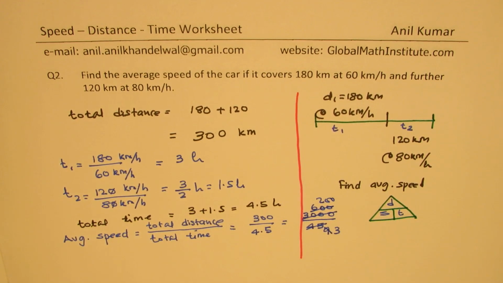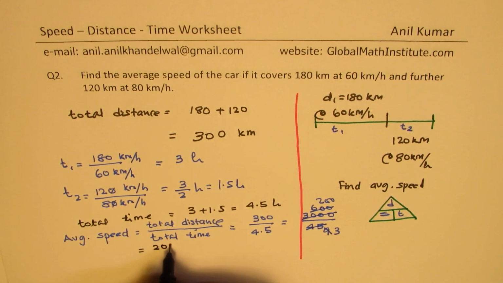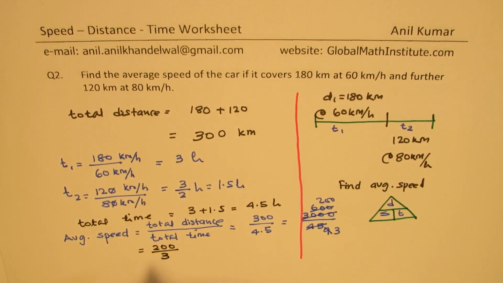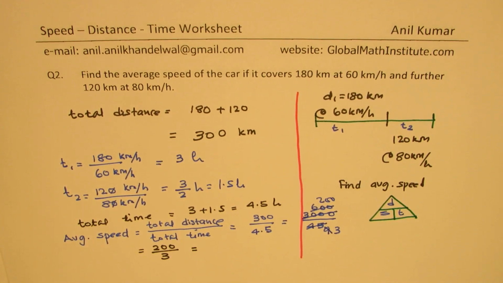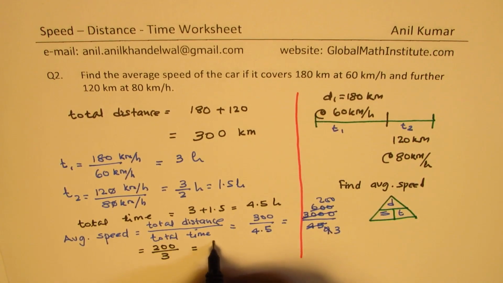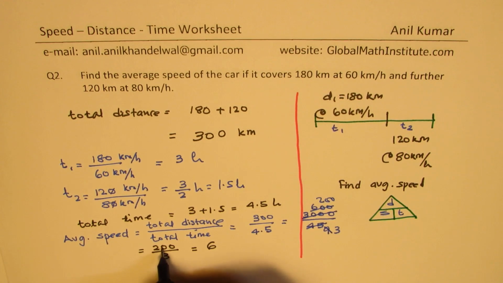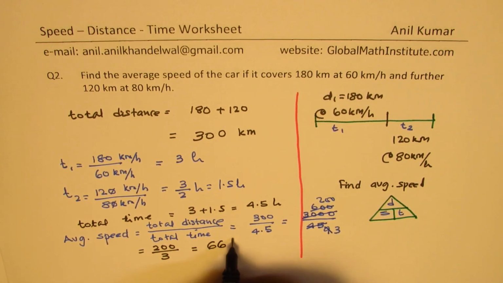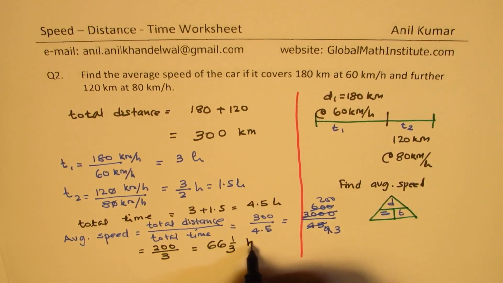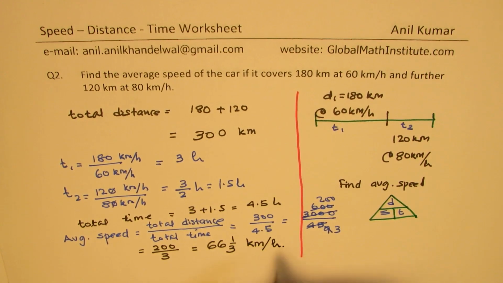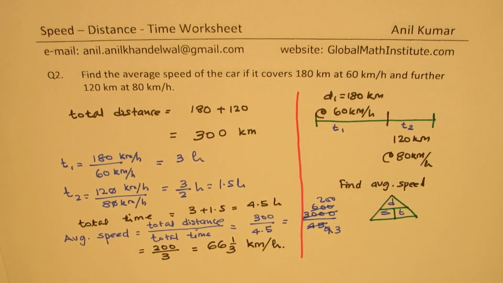So we get average speed of 200 over 3, which could be written as 66 and 1 over 3 kilometers per hour. Is that clear to you? So that is how we are going to solve this particular question.